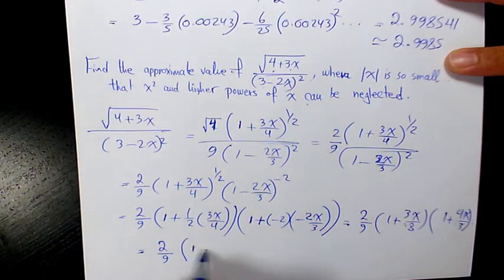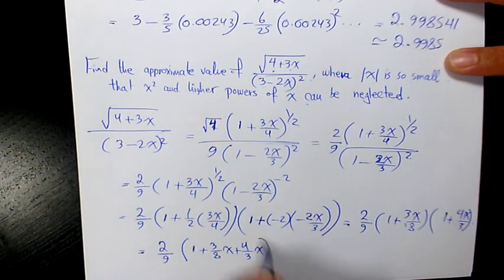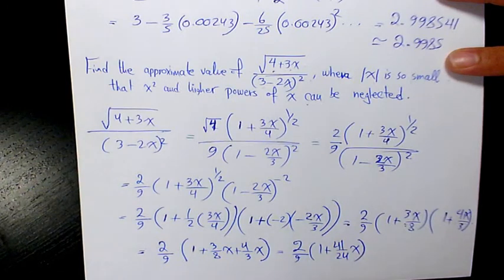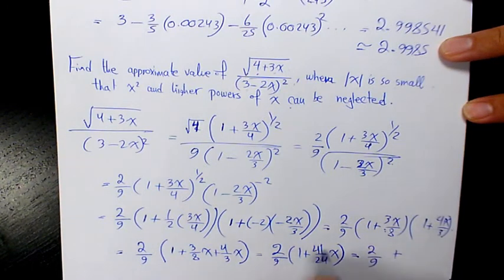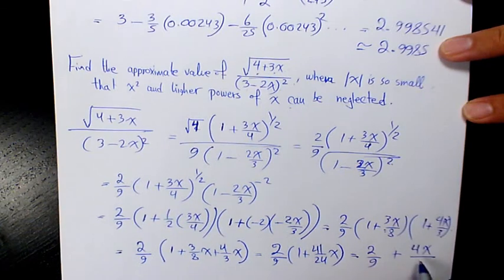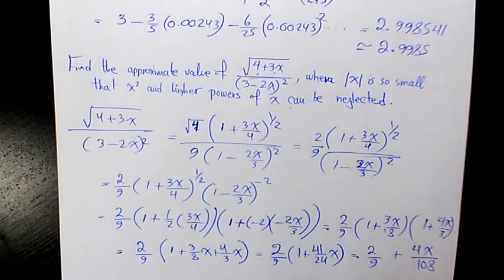So it's going to be 1 plus (3 over 8 plus 4 over 3)x. It's going to be 2 over 9, (1 plus 41 over 24 x) when you do the common denominator, which will be 2 over 9 plus, when you multiply that, 41x over 108. That's going to be the final answer.